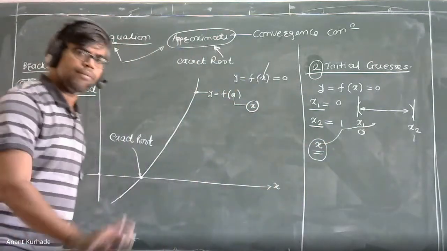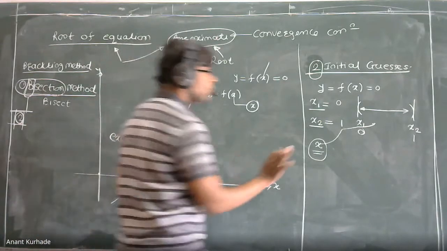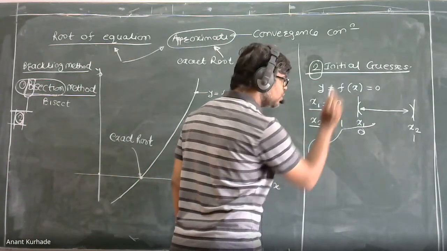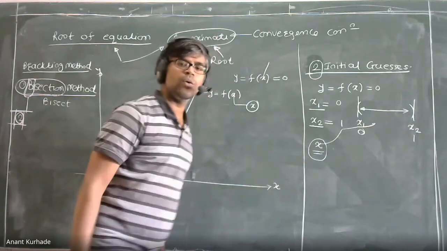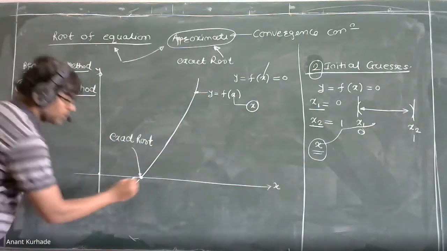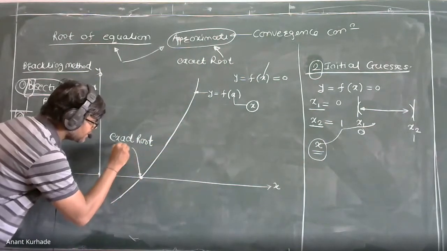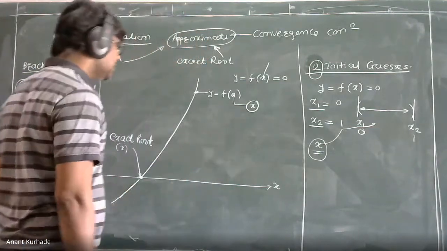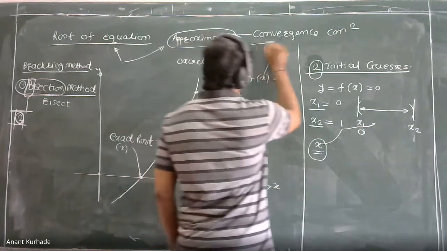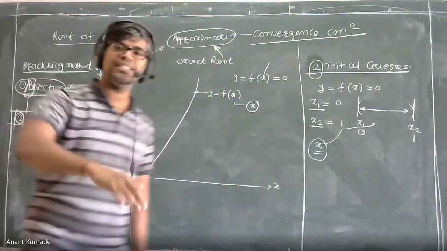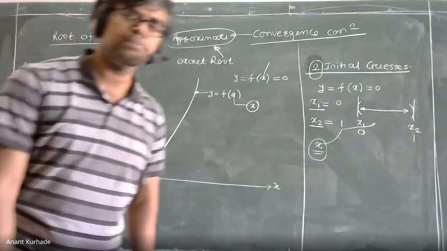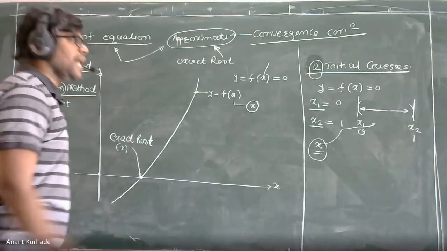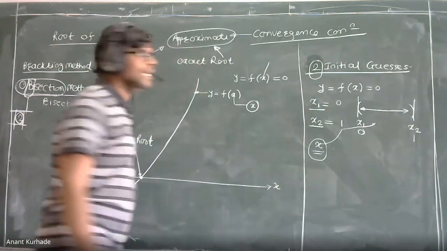Now see, x1 we have assumed 0, x2 we have assumed 1. In this graph, this is the exact root. Now we have to check the convergence condition. Convergence means approaching towards the exact root. Divergence means away from your exact root.